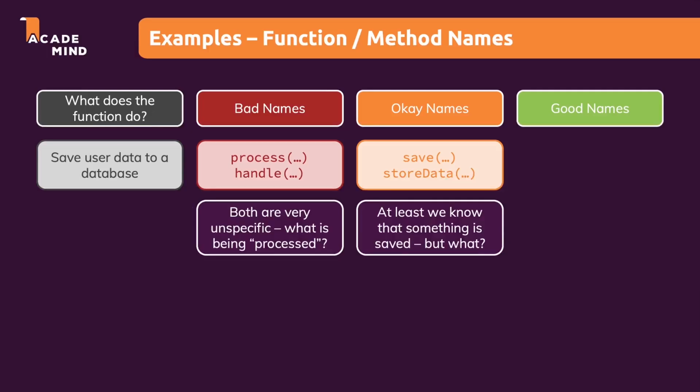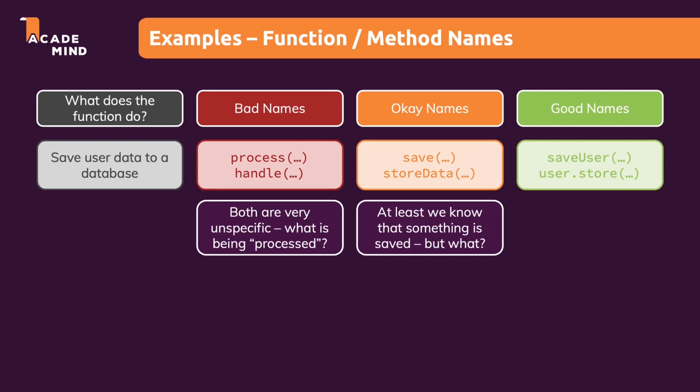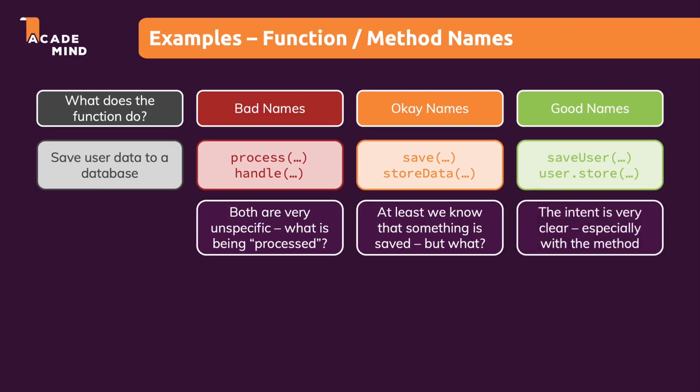But if you just have a function called save, which is not called on an object, but which instead, for example, receives an object as an argument, there might be a better name which you can choose. For example, saveUser, or you use what I just said, and you instead make that a method on a user object, which now again makes it very clear that it's probably this object which is being saved. Here the intent is very clear, especially if you use the method approach.